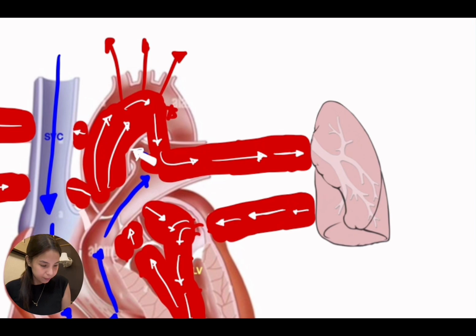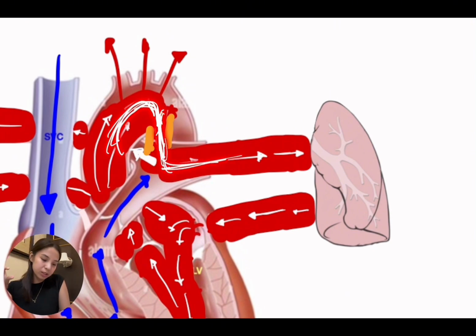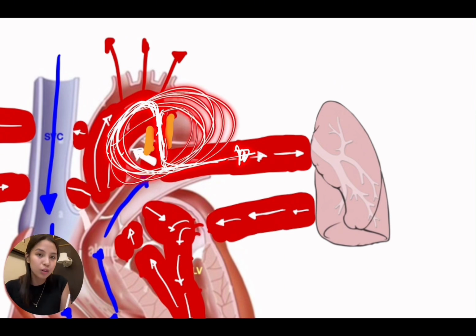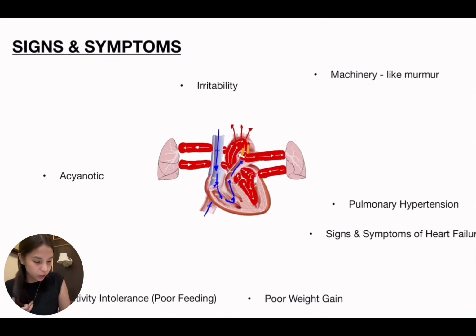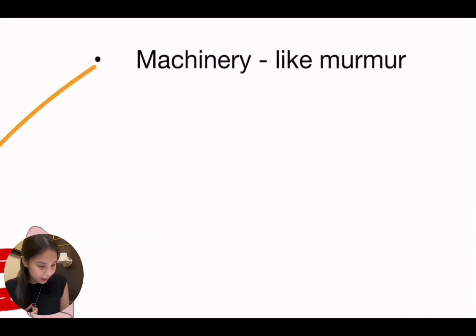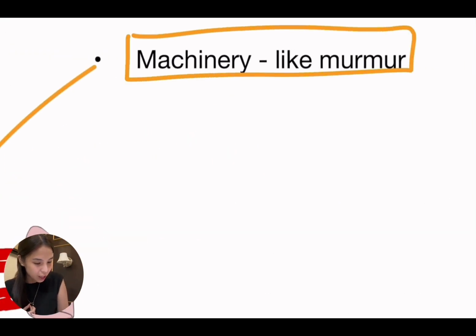So over here is your ductus arteriosus, right? When a lot of blood travels from the aorta through that small ductus arteriosus and into your pulmonary artery, do you think you will hear a sound when you're auscultating the heart? Yes. And that sound is your machinery-like murmur.